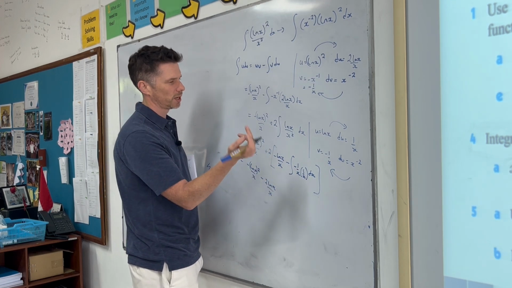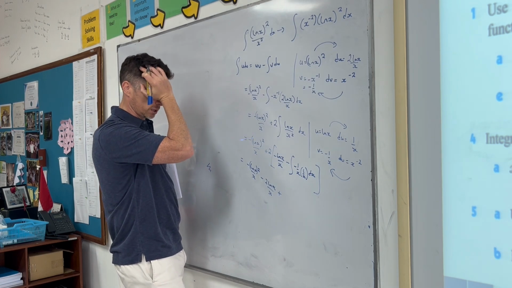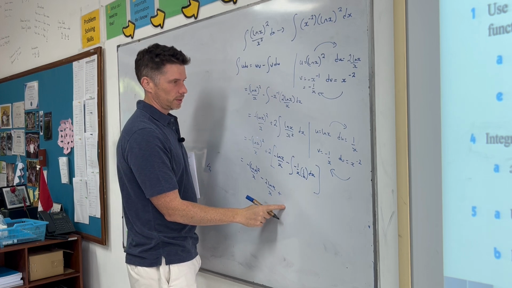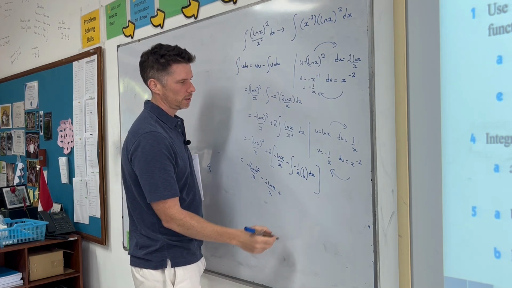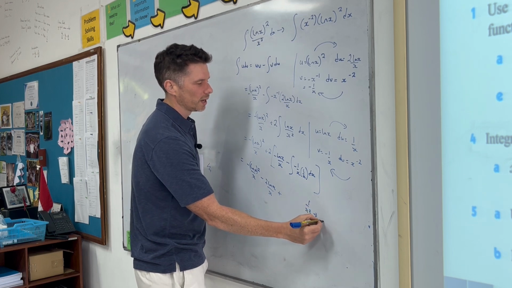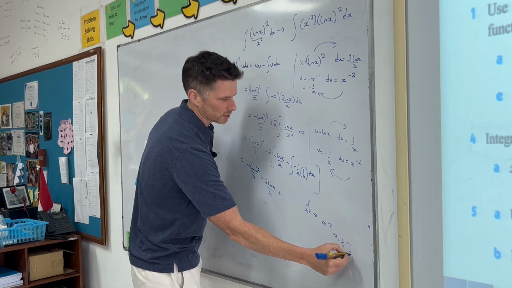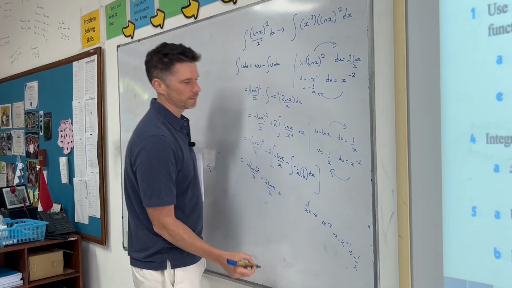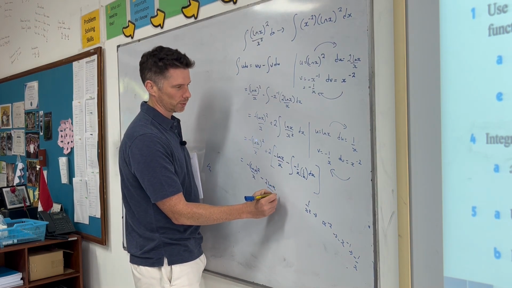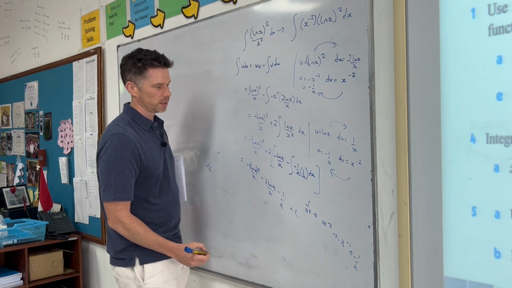Minus plus minus plus. 1 over x squared becomes x to the minus 2, add 1 to the power, so it's minus 1 over x again. And that was minus, and that's minus again. So that's a third minus in a row. So minus 1 over x, and then plus a c here at the end. And it's done.